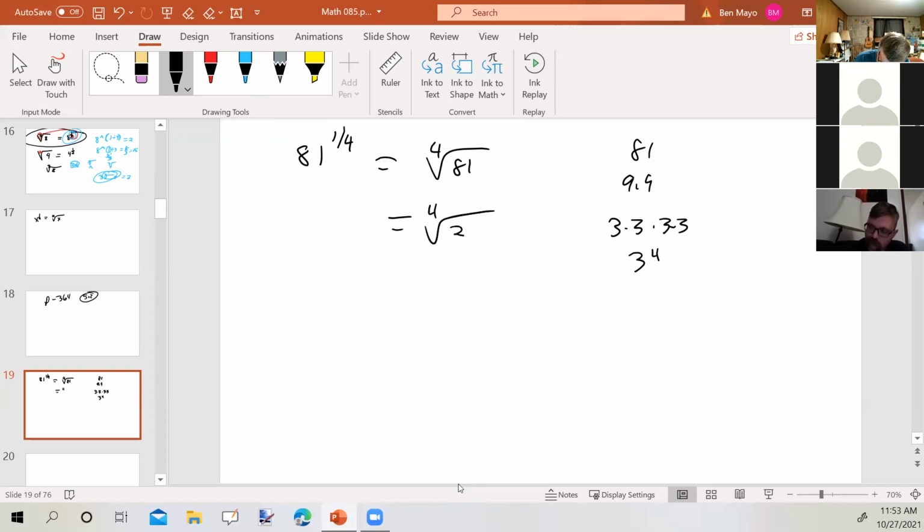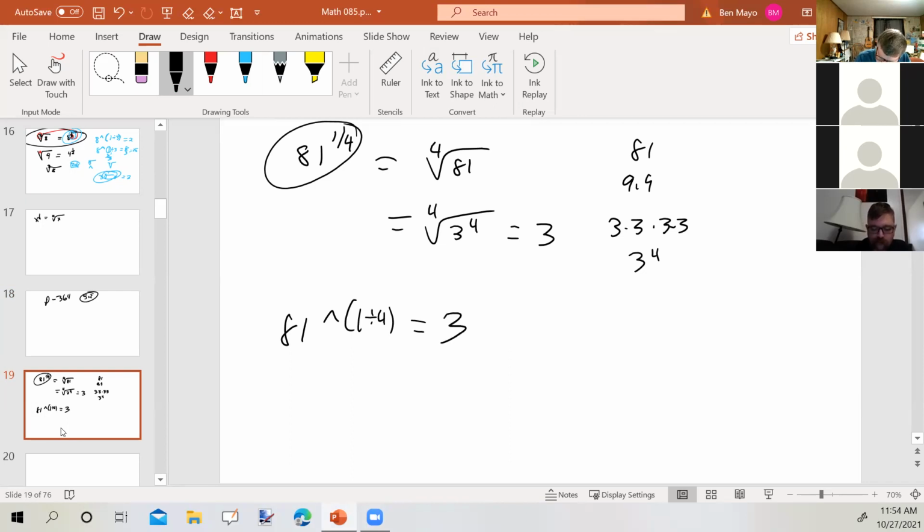The 4th root of 3 to the 4th power would be what? 3. Or you could use a calculator and put in 81, then the little power key, parentheses, 1 divided by 4, close parentheses, equals, and you should get a 3. Okay, you could also go 4x root of 81, and that should also give you a 3.